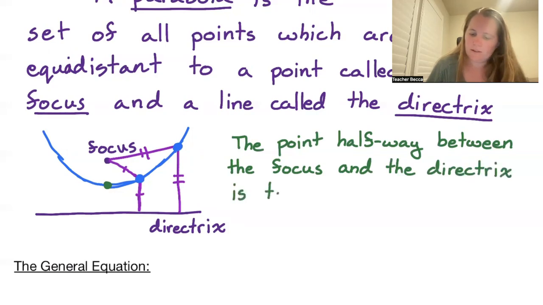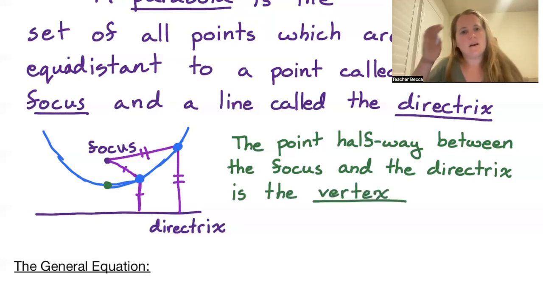And then the line that goes through the vertex and the focus is the axis of symmetry.